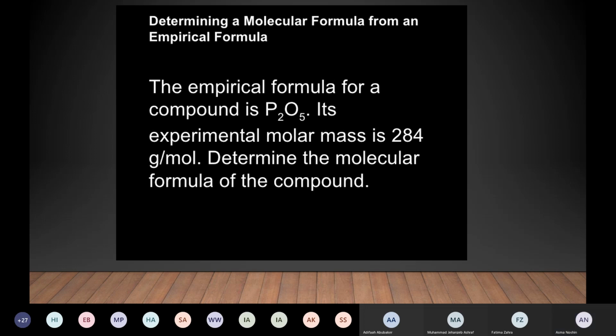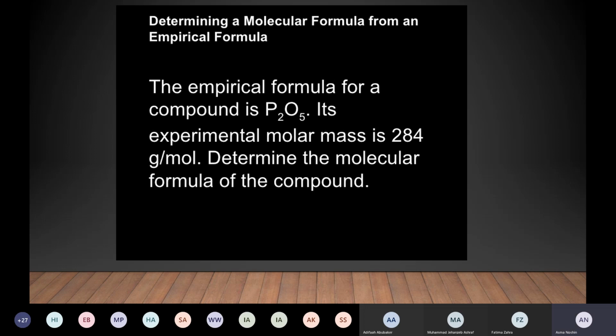So empirical formula should be there. Sometimes empirical formula is given. When I solve the questions with you, you will see in some, empirical formula is given. But in some questions, you have to first calculate empirical formula, and then you have to calculate molecular formula.